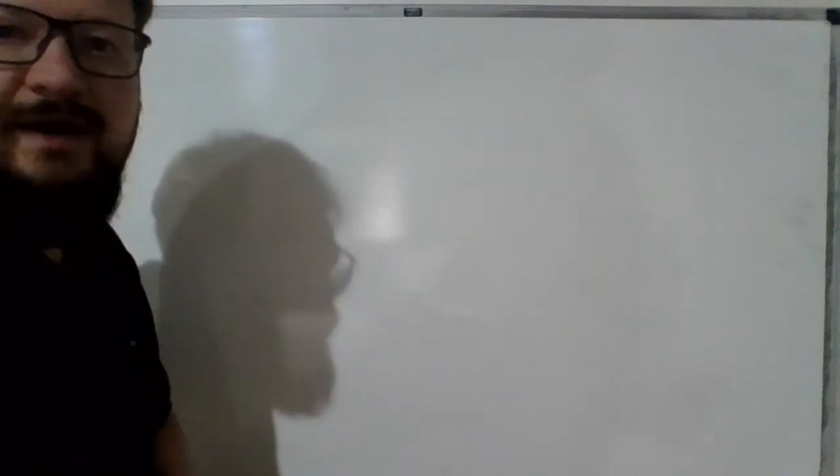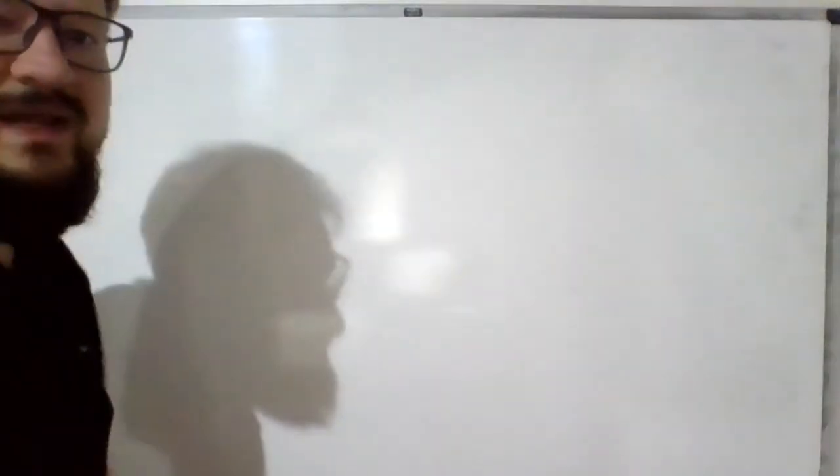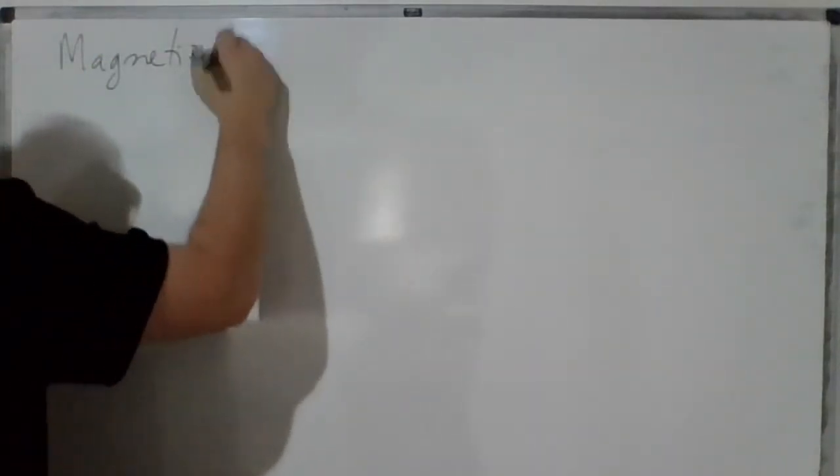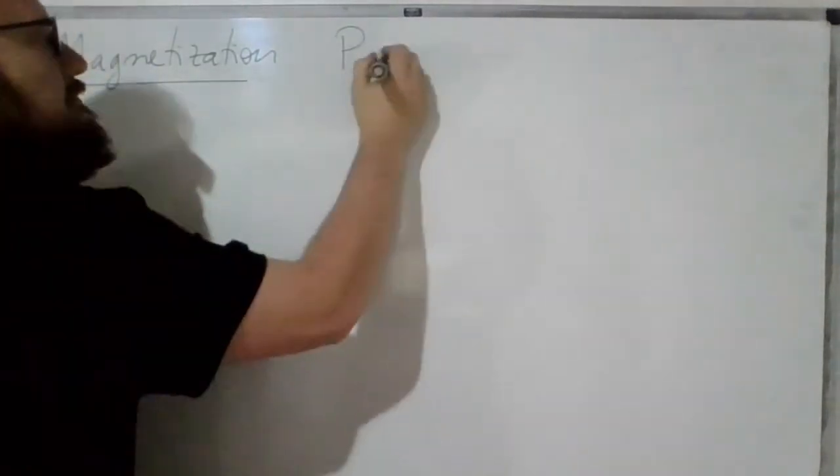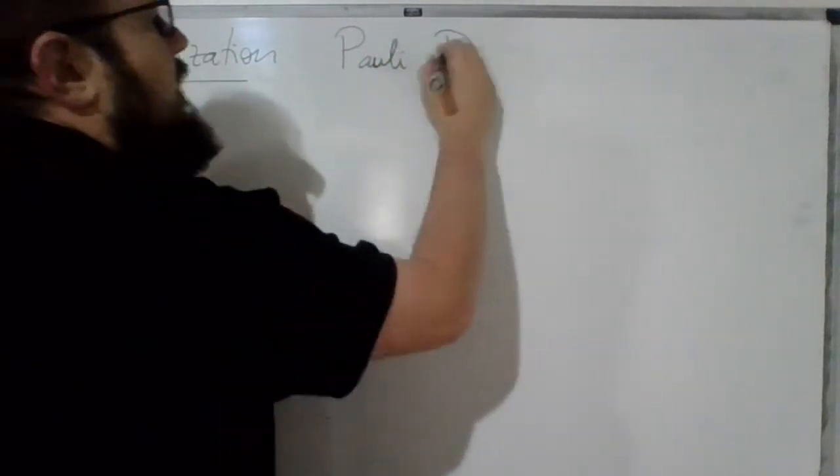Well, now let us turn our attention to spin aspects and magnetization. It is called Pauli paramagnetism.